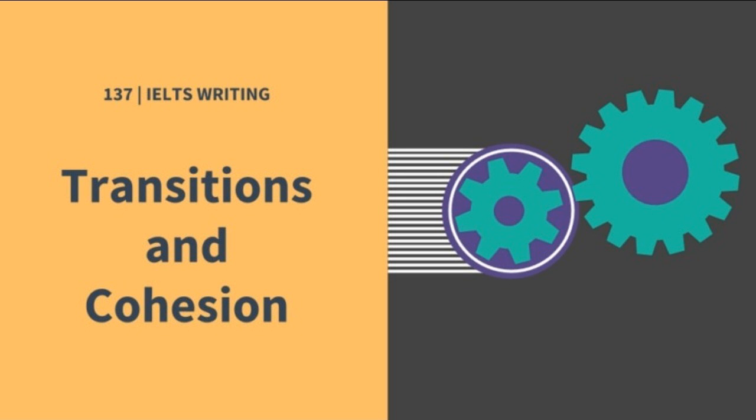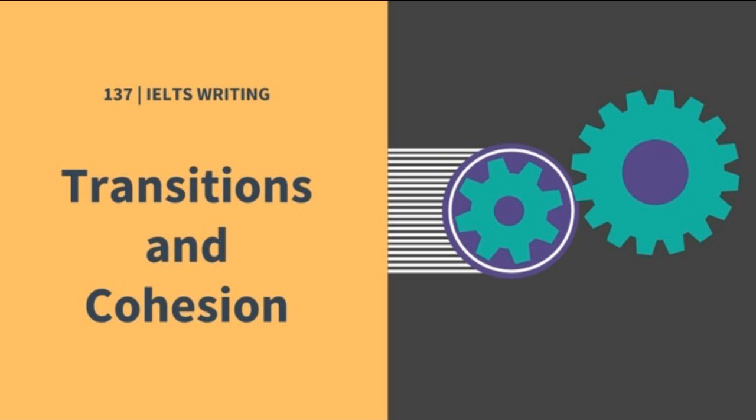So when we're looking at transitions, just to finish off now, we must understand that sometimes repetition is necessary, but when it is necessary, we're going to use it with demonstratives or synonyms. And there's also different tools we can use.